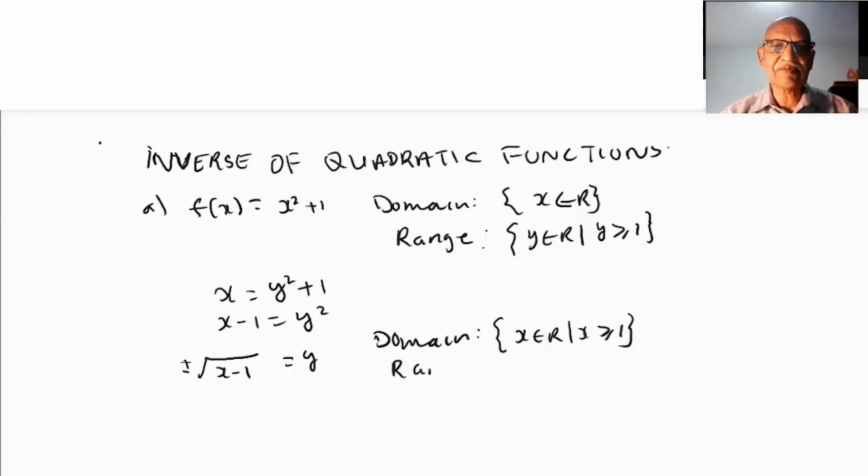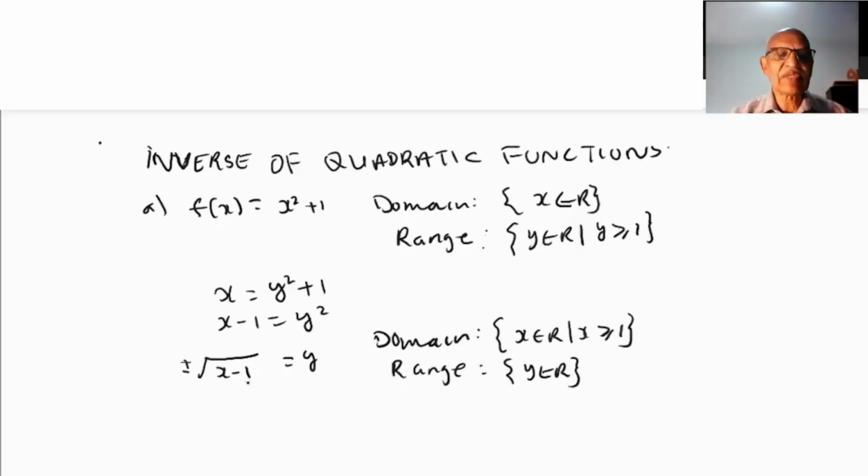And the range, since this is plus minus, is all real numbers. So from our definition, the domain was x belongs to R and the range y belongs to R, that means they exchange. The range was y greater than or equal to 1, and x is greater than or equal to 1 for the domain. Therefore they always exchange.